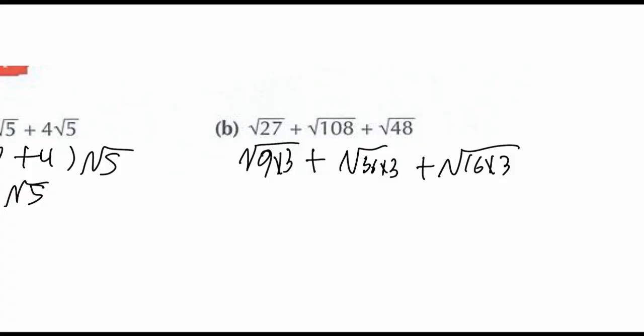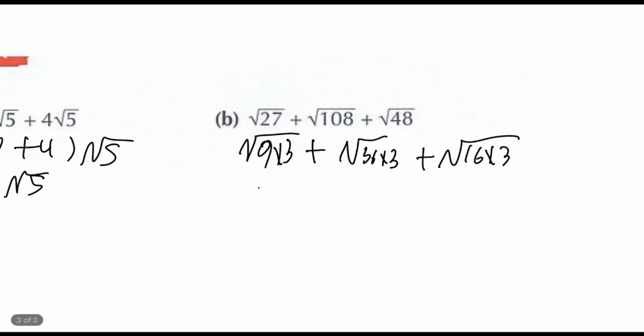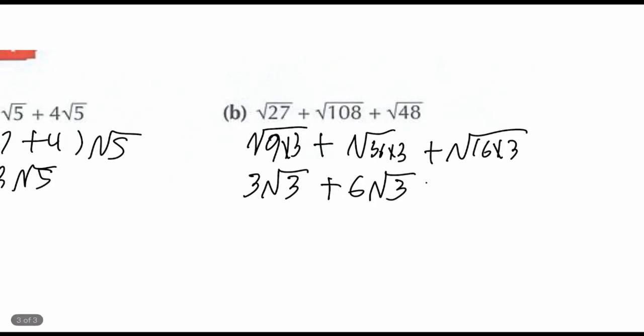We already know that root 9 is equal to 3. So we have to put 3 root 3 plus, what's the root of 36? Square root of 36, that would be 6. So we would have to do this. And what's the square root of 16? That would be 4. So we have to put the 4 outside.